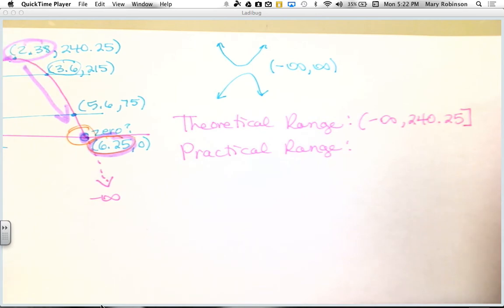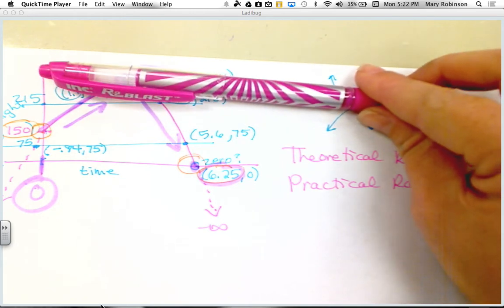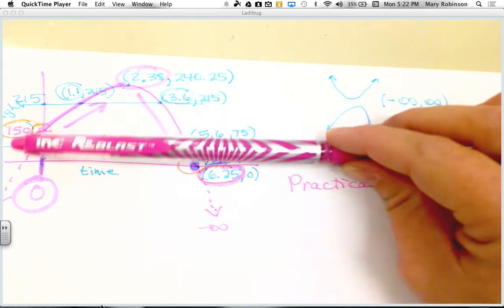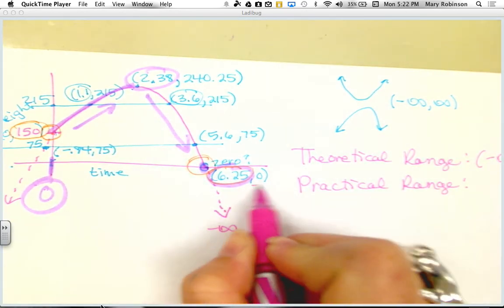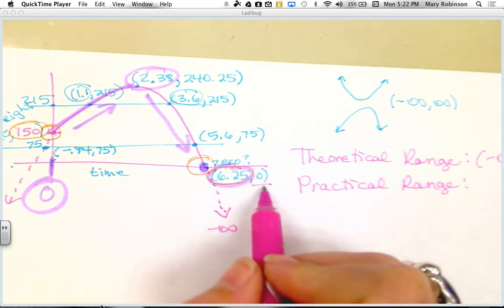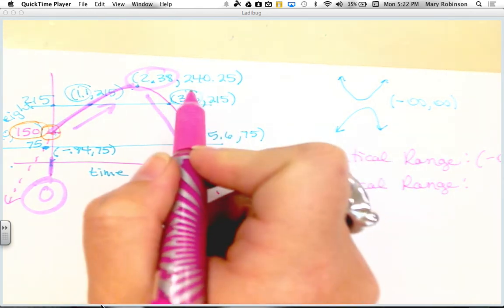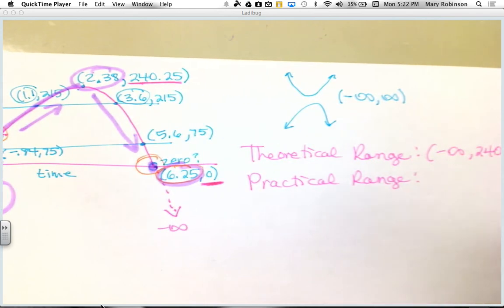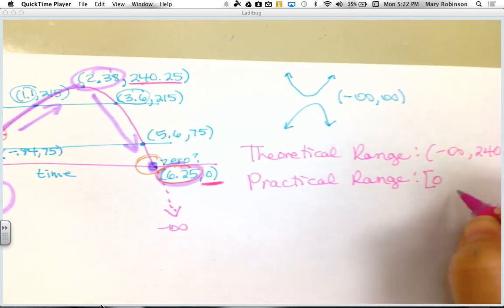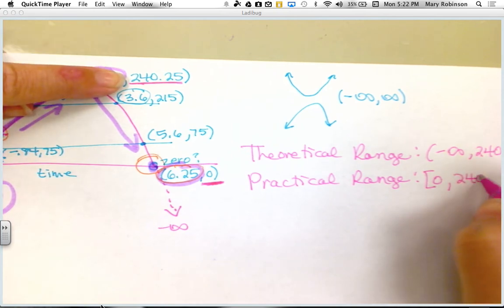Our practical range, however, is only the range that makes sense. Your rocket is not going to have a negative height. The lowest height would be 0. Remember, we want to look at our y's. So our lowest y is 0, our highest y is 240.25. So our practical range will include 0 as our lowest and go up to and include 240.25.